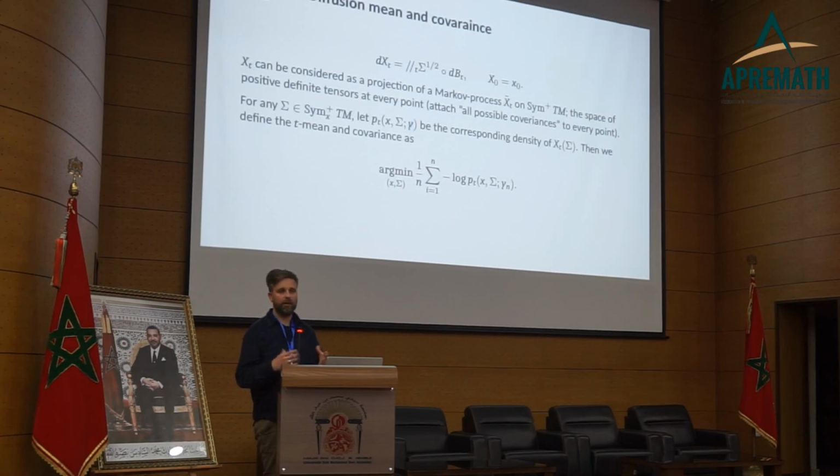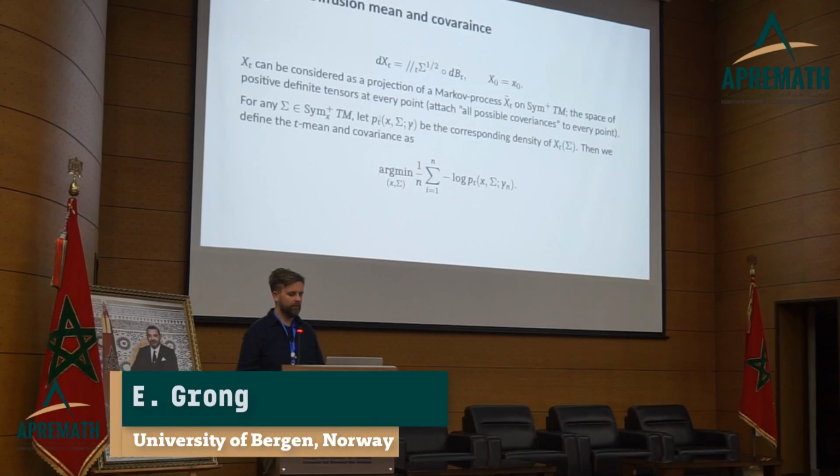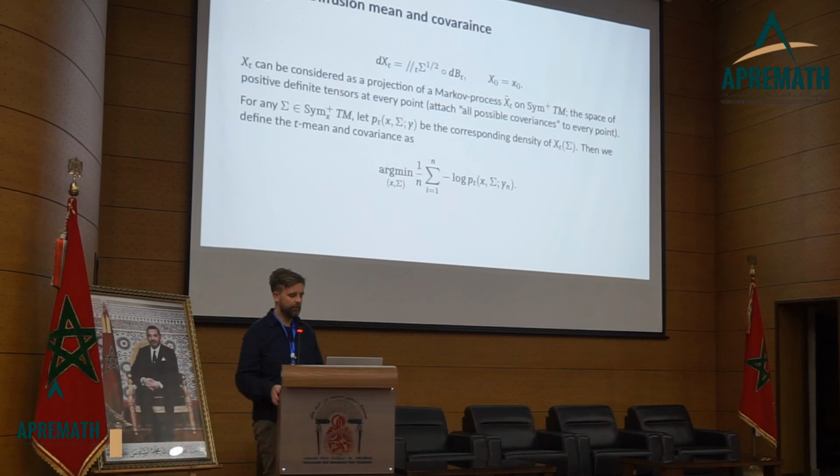So basically the probability of this x of t being anywhere will be the integral over this density. And then as before, I can define the mean and the covariance as the best x and the best sigma to choose in order to make this as small as possible for a given point.